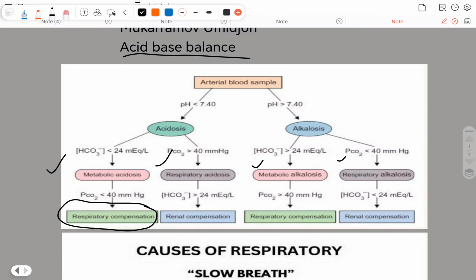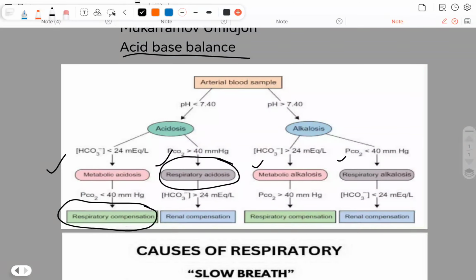Our next type of acidosis is respiratory acidosis. Respiratory acidosis is caused, according to its name, by dysfunction of the respiratory system and its regulation. On the next page of our presentation, we will talk about that. Due to the failure of the normal function of the respiratory system, the amount of carbon dioxide will increase in our bloodstream.